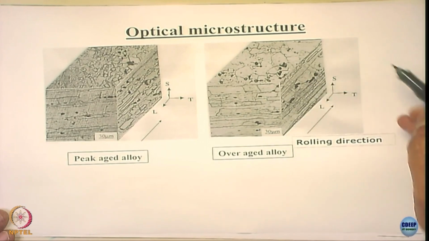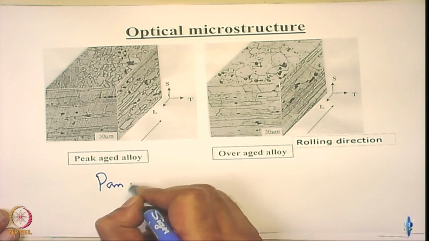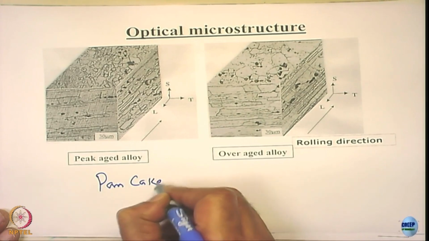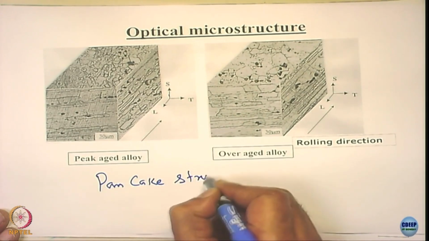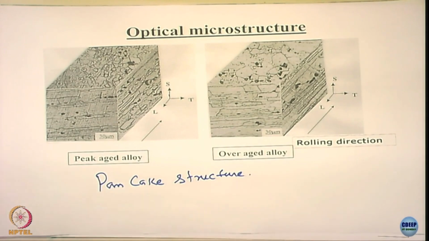And these grains are called pancake grains. You stack the pancakes and slice them, and at the sides you see this nice structure, it is in fact the pancake only, right. You take a material and you roll it, you compress it, and several layers are going to be there, right.